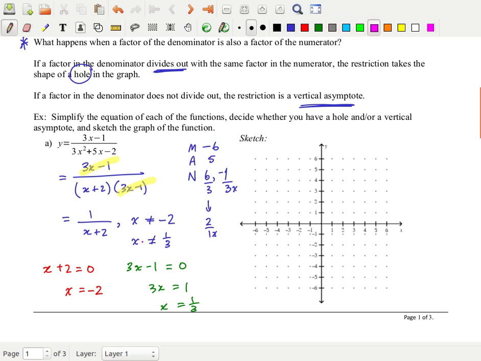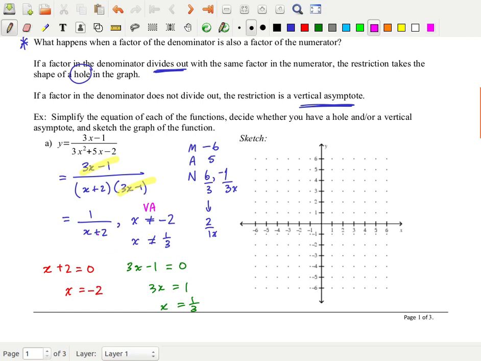The restriction x is not equal to negative 2 is still visible in the final simplified expression. That means that x not equal to negative 2 is a vertical asymptote.